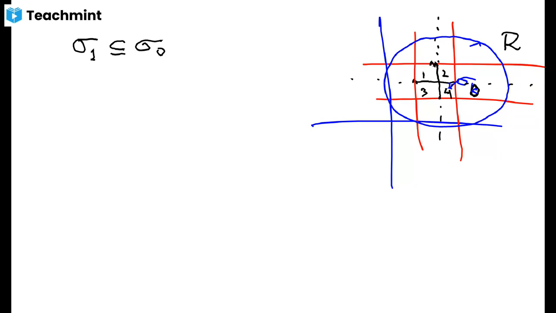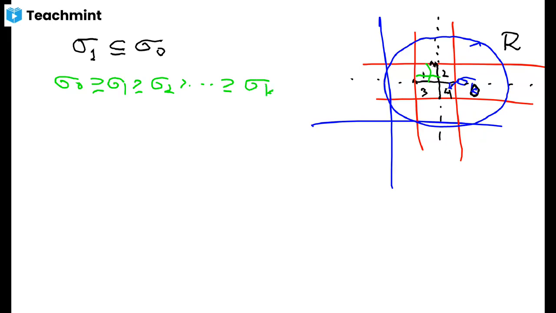Then again you subdivide this subsquare into 4 other squares, and sigma naught will contain sigma 1, and so on, sigma 2, and so on. You will have to repeat this process.